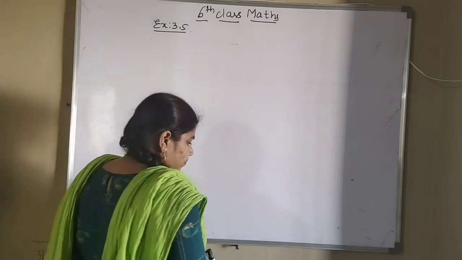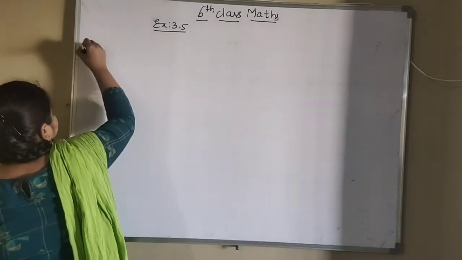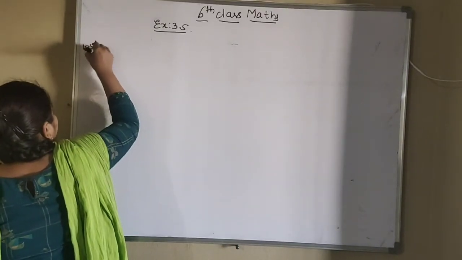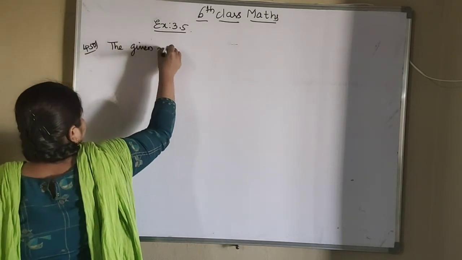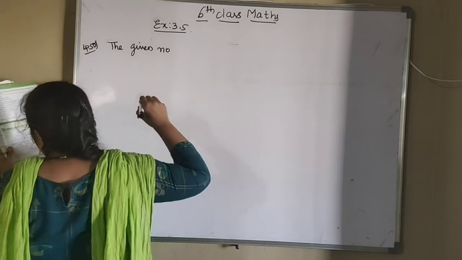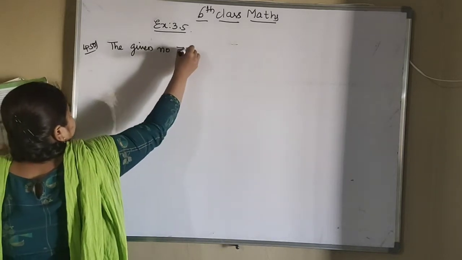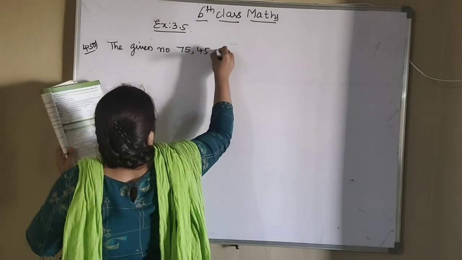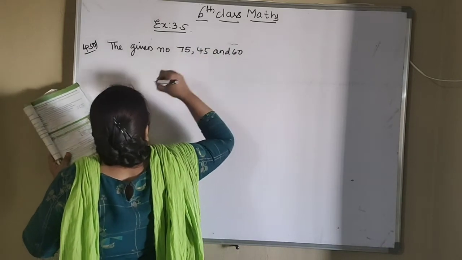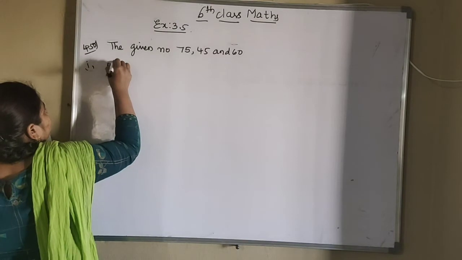So right here, what are the given numbers here? 75, 45 and 60. What is the first bit?